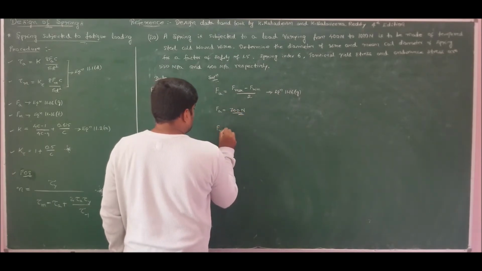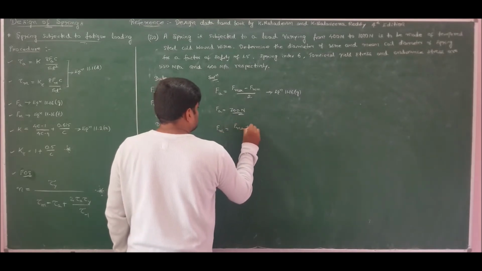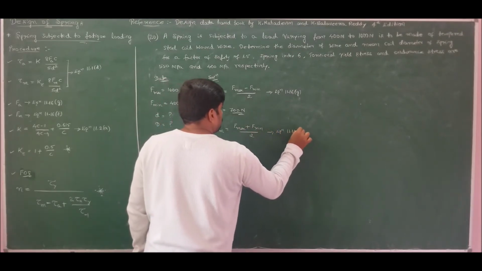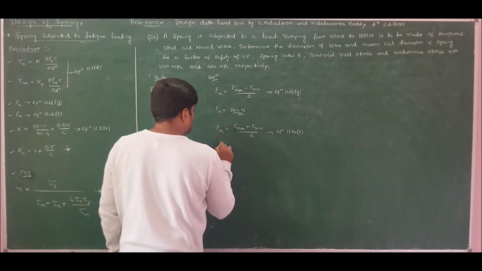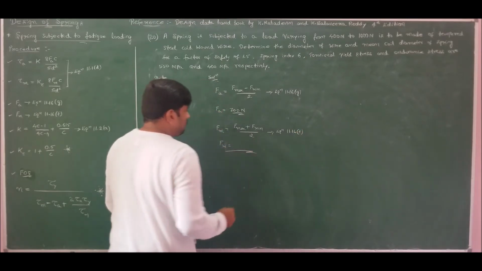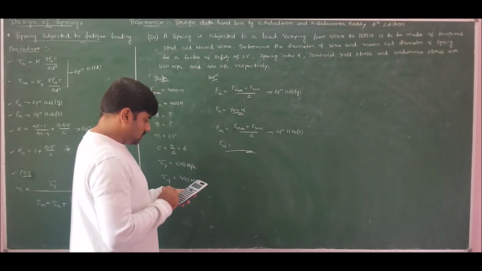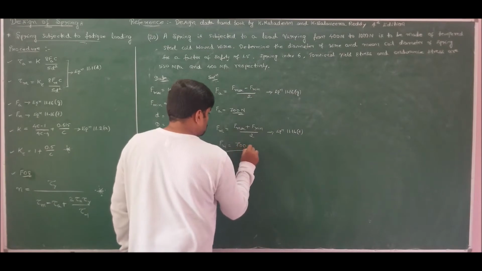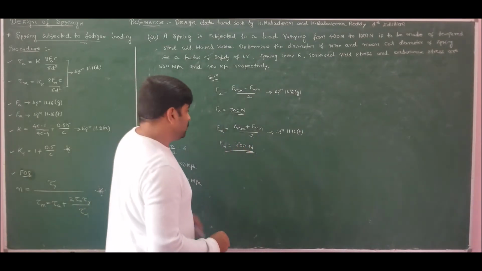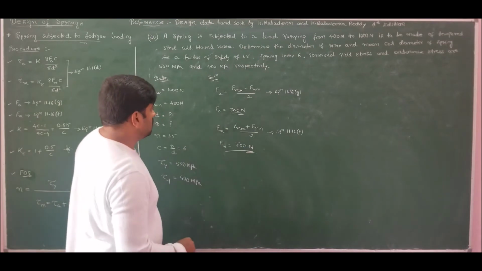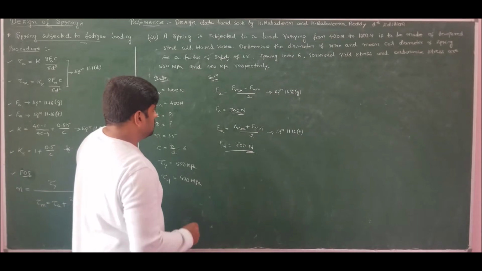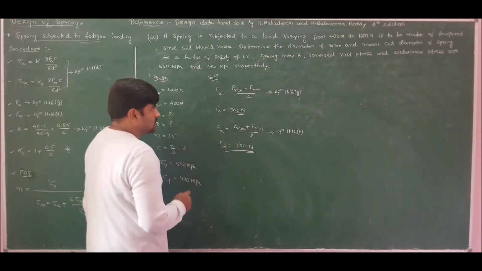Similarly, if I calculate mean force, F max plus F min by 2, this is equation 11.16 F. So I will get mean force as 1400 by 2, which is 700 newtons. A stands for amplitude, M stands for mean. Now by knowing amplitude force and mean force, I can calculate the amplitude stress and mean stress.